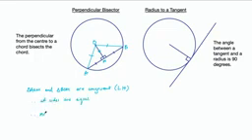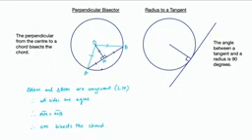Therefore AM equals MB. So this length here equals this length over here. Therefore OM bisects the chord. That proof can also be reversed. So it depends what they give you. If they tell you this line is perpendicular to the chord, you know it bisects the chord. If they tell you this line bisects the chord, then you know it's also perpendicular. So those two things kind of go hand in hand.